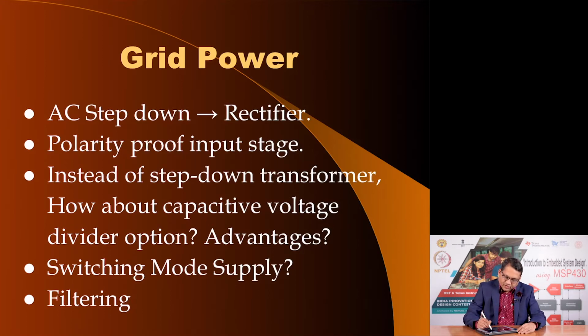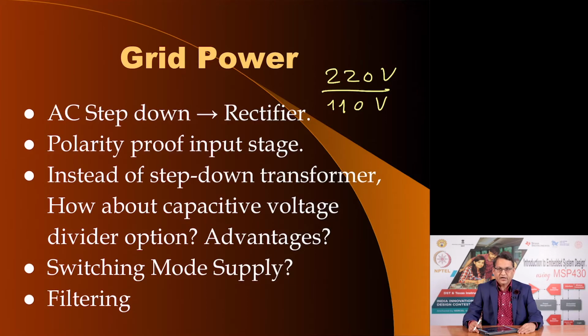So, grid power would be either 220 volts or 110 volts, and these voltages, even if it is 110 volts, are way beyond what you would require. Also these are AC voltages, and so you have to consider the first requirement of stepping it down to usable levels and then to rectify it, meaning convert from AC to DC.